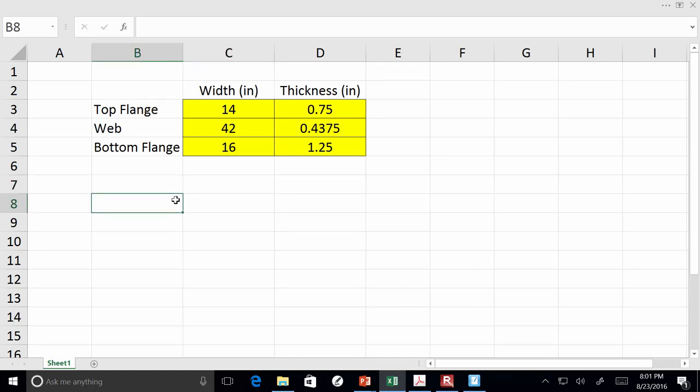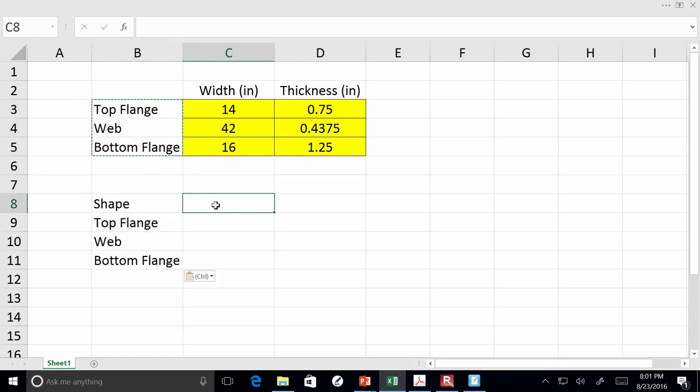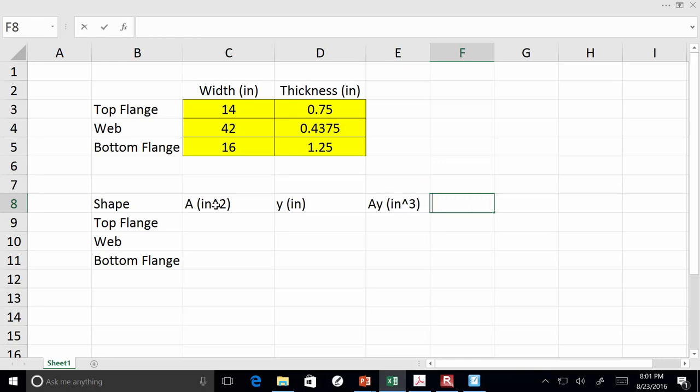So let's see, shape. And I'm going to fill in a couple things, just bear with me. I've done this so many times, I sort of have this memorized. And you'll see why I'm doing this here in a second.